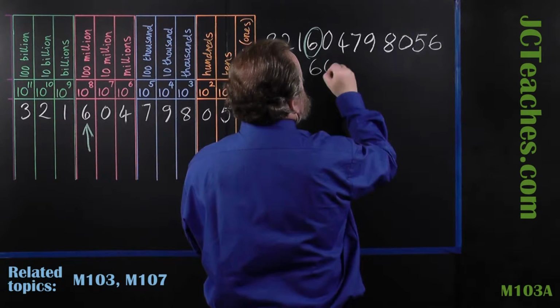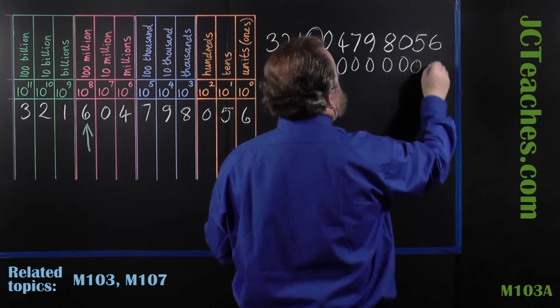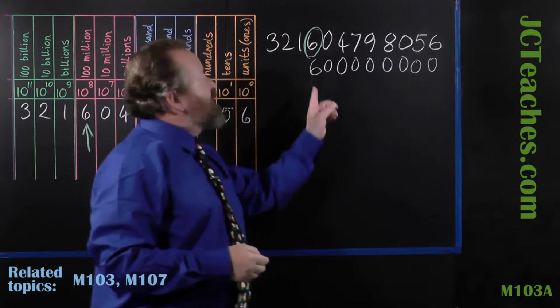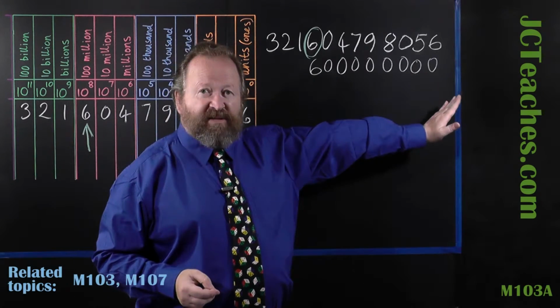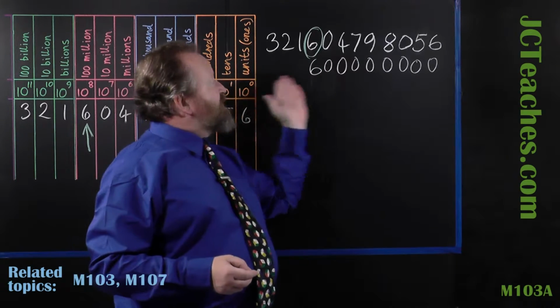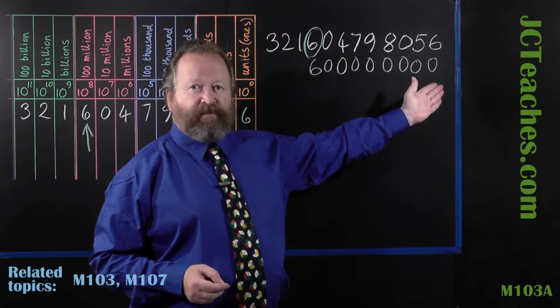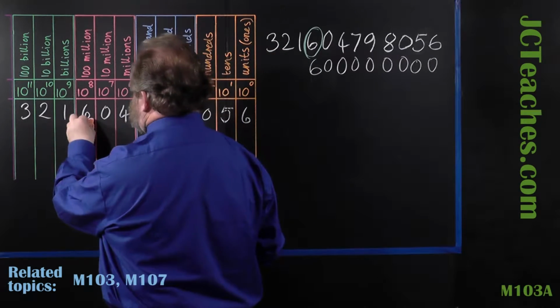So I've got 6, 0, 0, 0, 0, 0, 0, 0, 0. And if we know what that number is and how to say it, then that's the value of the digit 6 in that position. And the same goes for any of the other digits. So I'll do that over here. I'll put that underneath.